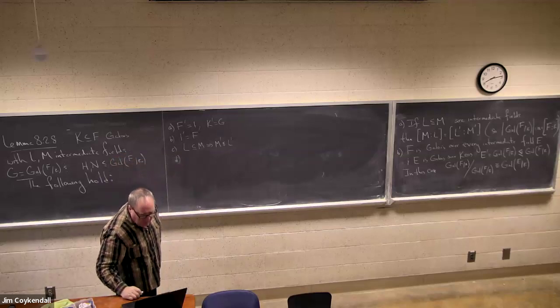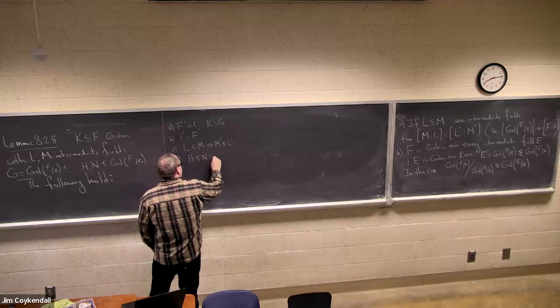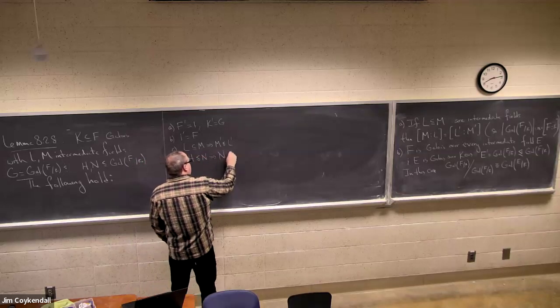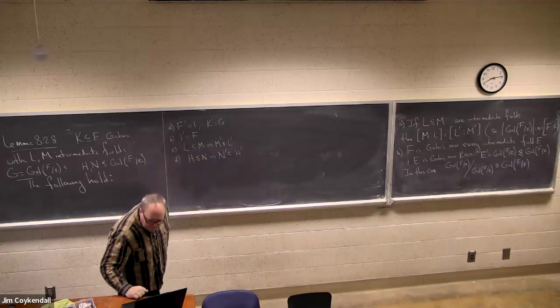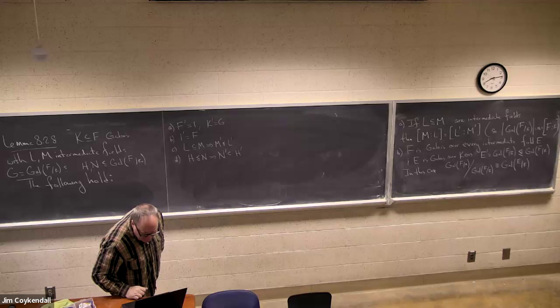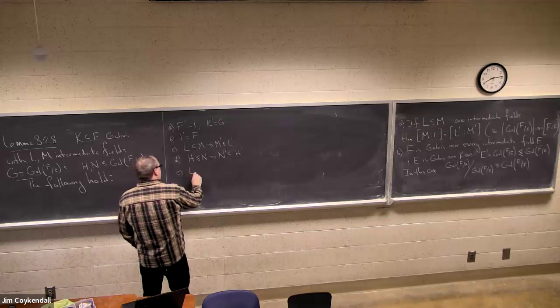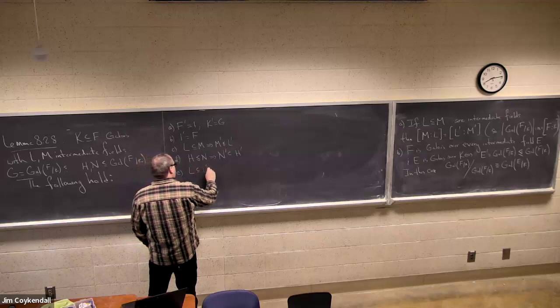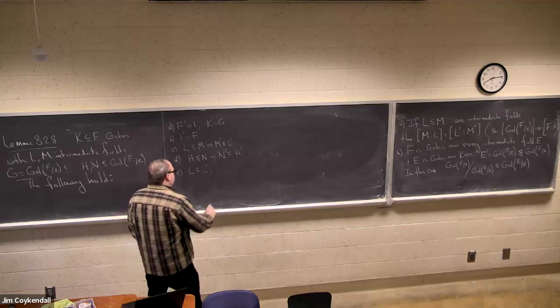D: If H is contained in N, then N prime is contained in H prime. Number E: L is contained in L double prime, and H is contained in H double prime.